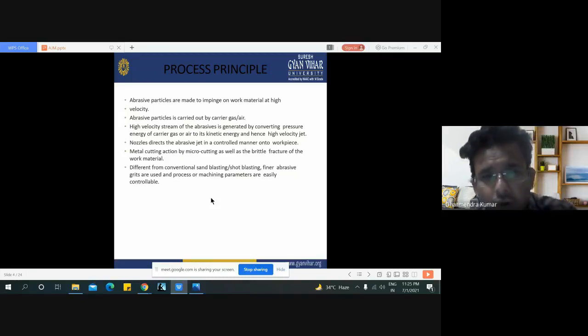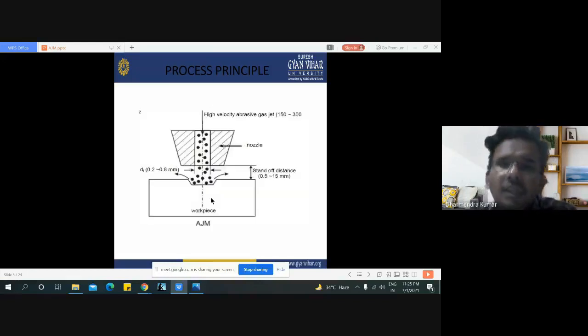It is different from conventional blasting processes. Finer abrasive grits are used, and the machining parameters are easily controllable by the operator who is operating the machine. This is the process principle.